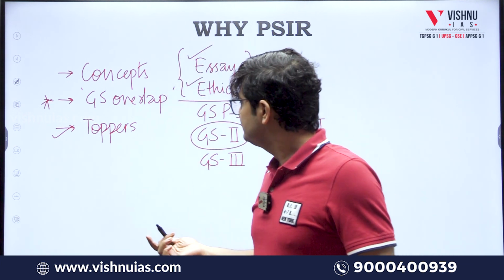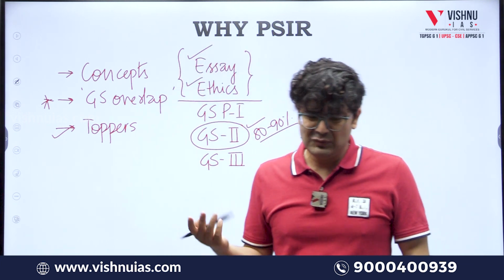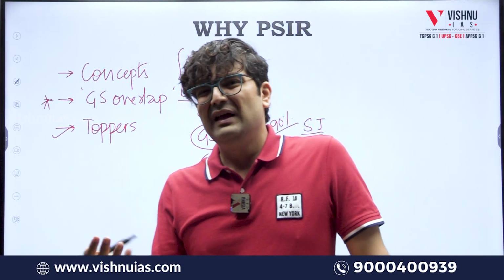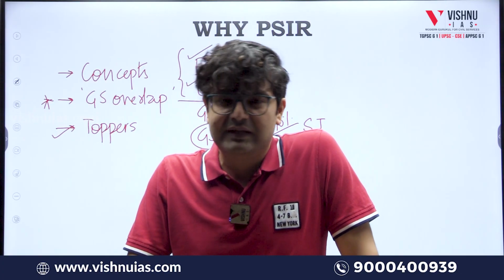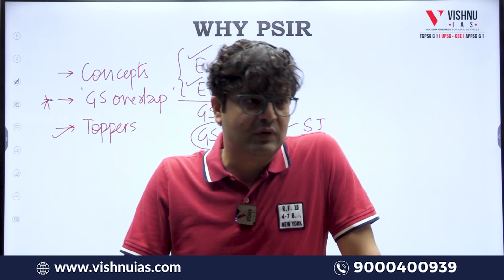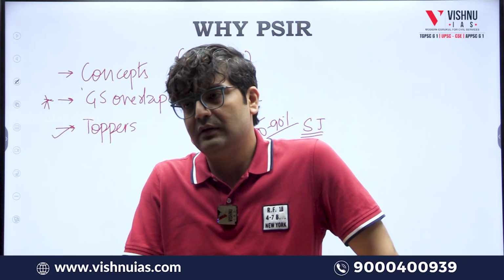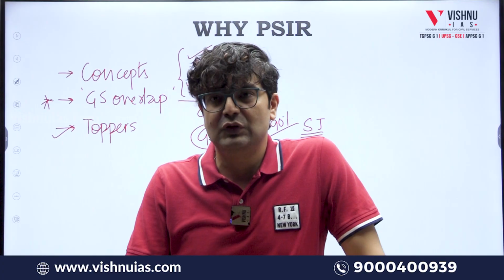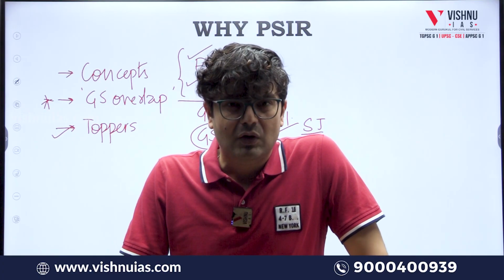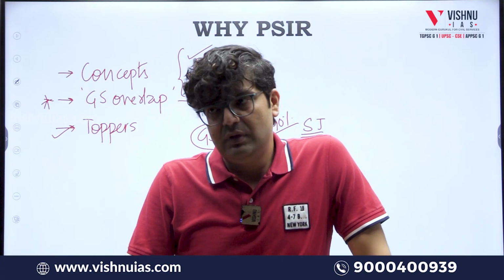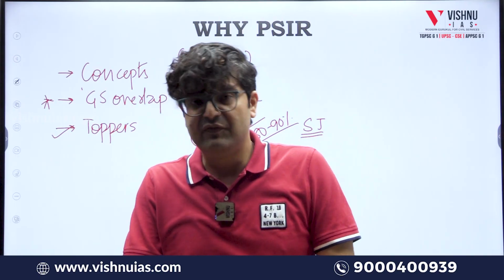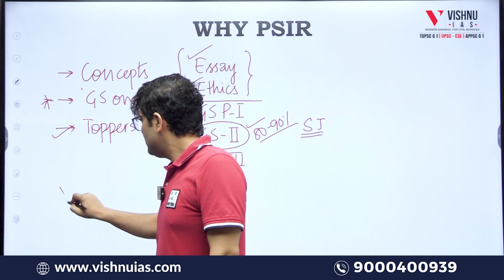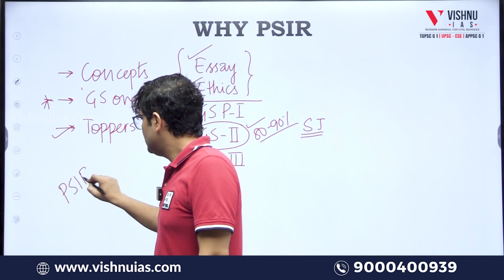Okay, so this is one thing. And now, as I said earlier also, most of the toppers in the last 5-10 years have chosen this optional, and the reason I think is because of this overlap of GS. Everybody who starts their journey of preparation, the first thing that they have in mind is that do I need to study an option separately, or will there be some overlap? So amongst all the, I would say, big 4 or rather big 6 also, people choose this the most.